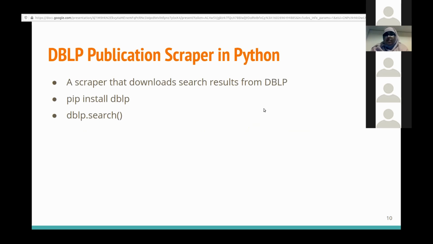However, like I said, this had to be done manually, and it takes a lot of time. But there's a Python hack that I'm going to talk about that can download search results from DBLP. All you need is a pip install dblp, and this command is very neat, and it can download some recent papers for you within an area.